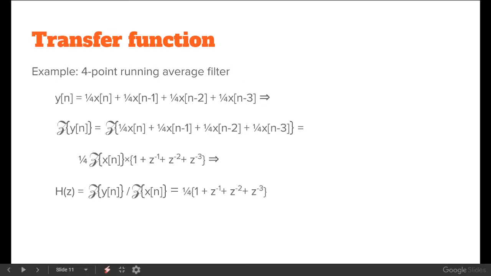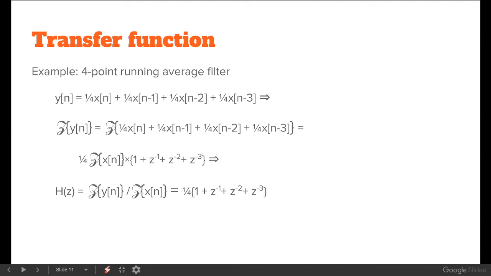So, for example, the 4-point running average filter. Here we have the formulas for the 4-point running average filter, which is simply basically 1/4 times 1 plus z minus 1, z minus 2, z minus 3.